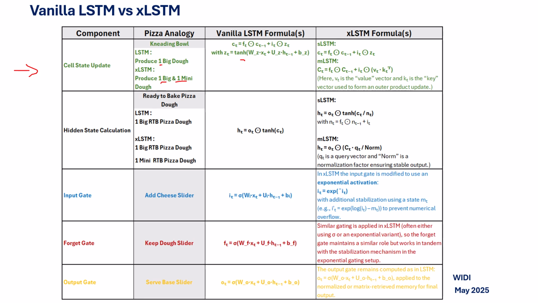Because there are two different kinds of kneading bowl, of course the output should also be more than one. So in here, for example, in LSTM, it uses one big ready-to-bake pizza dough, and for XLSTM there's an extra.